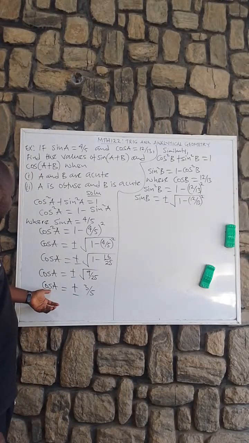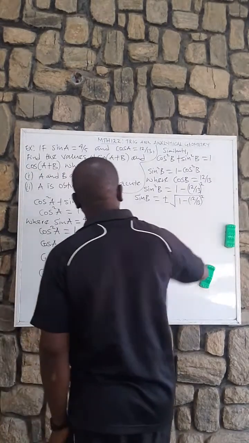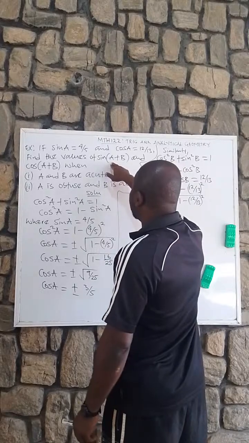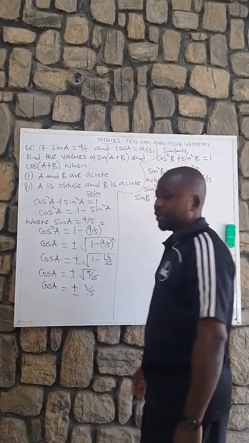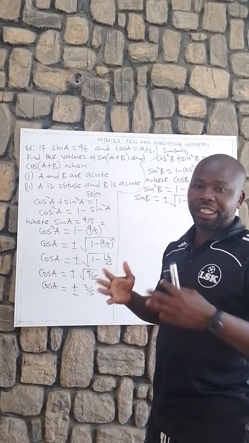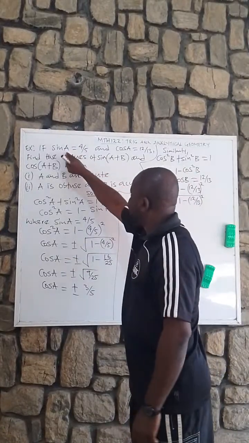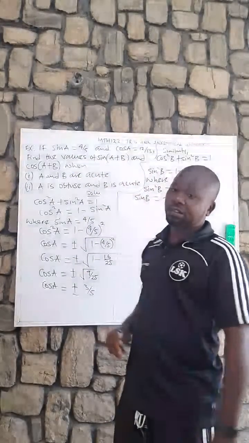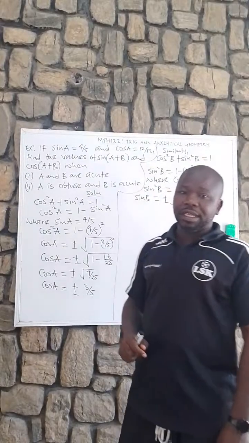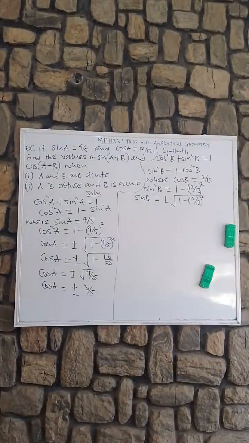Like here, we look for cos A, then move further to consider B because we are going somewhere. We have to get the value of both A and B. Not necessarily will they give you sine A here and sine B there. No. Is that clear? Are you following? Do you understand?